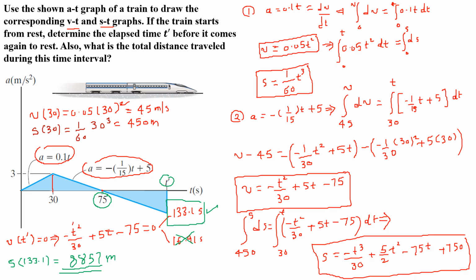Now let us construct the VT and ST graphs using the information we have just obtained. Let me free some space. I'm just going to keep the results here, so let me remove these calculations and just keep the results.